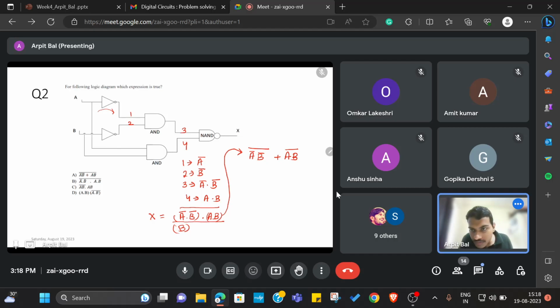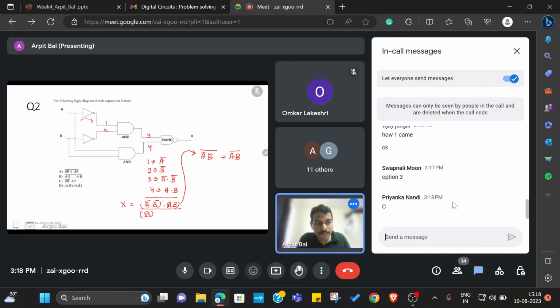Is it visible to everyone? So option B is a bar dot b bar dot a dot b. Option C cannot be correct because at the third point the equation that we arrive at is a bar dot b bar, and at the fourth point the equation is a dot b, and we have to take the NAND of that. NAND is basically you take both the terms and do the overall complement.